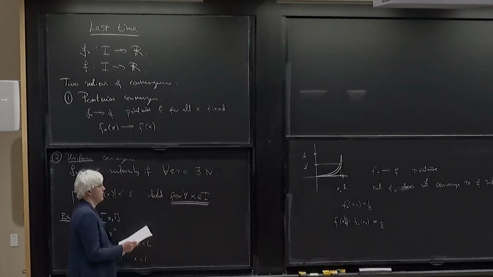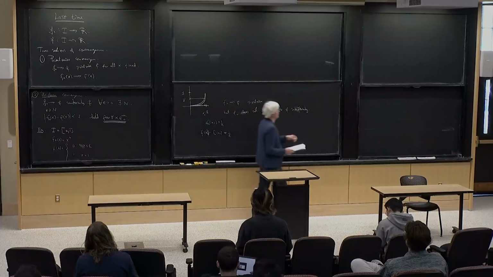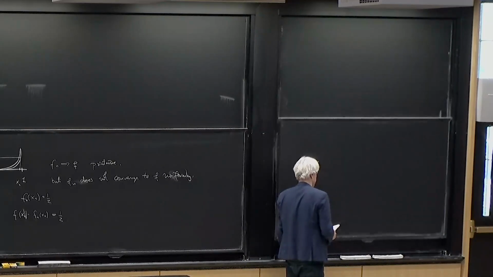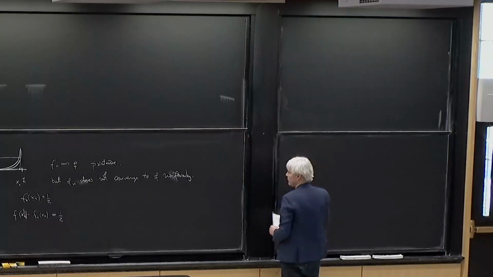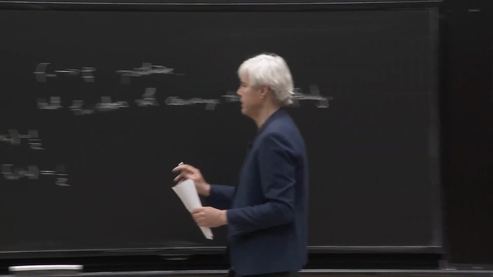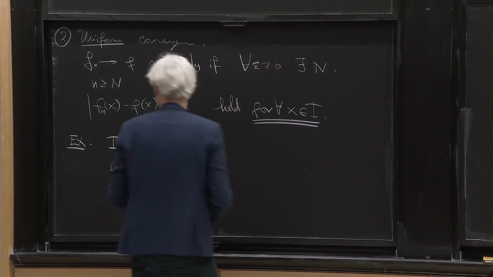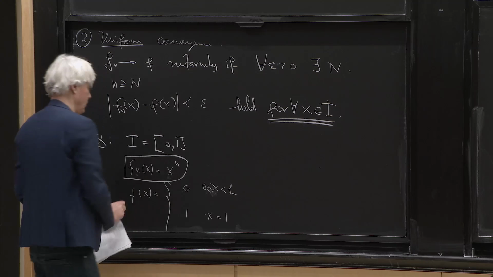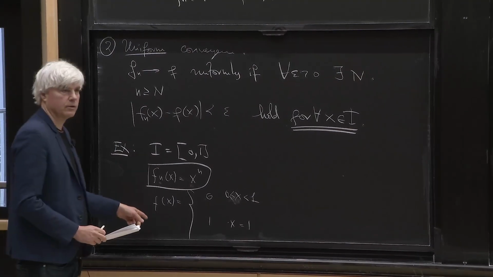Okay. That was just a quick review of some of the things we talked about last time. Now, let's get to a theorem. Maybe also one more thing about this example is that you see that these functions fn are all continuous, right? But the limit is not continuous, right?